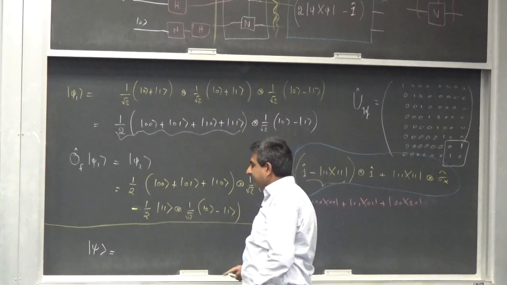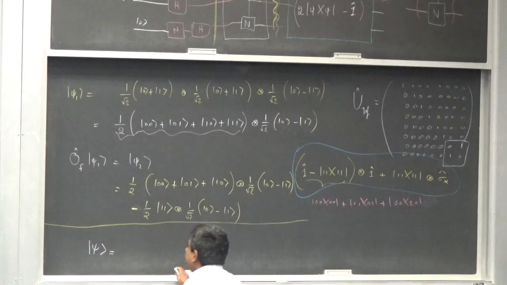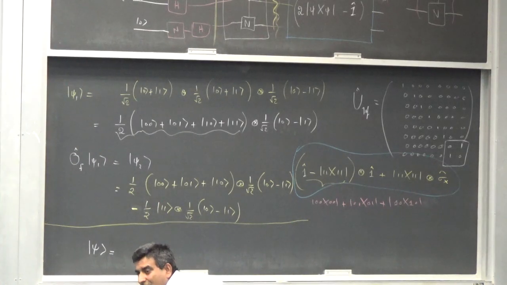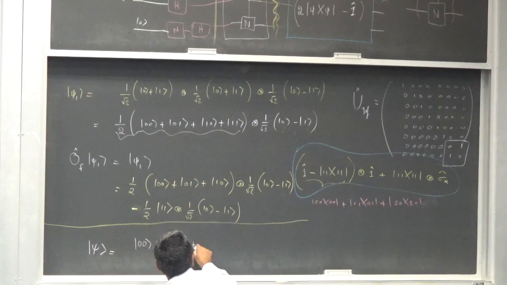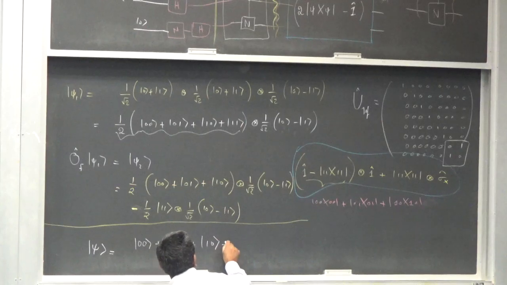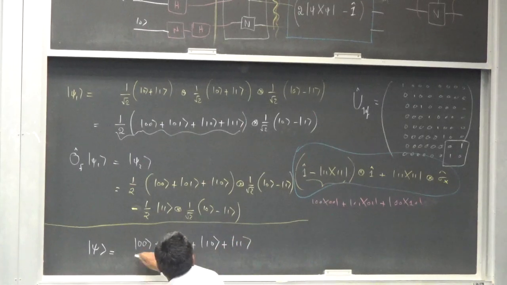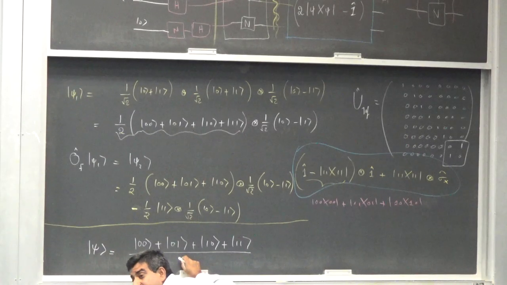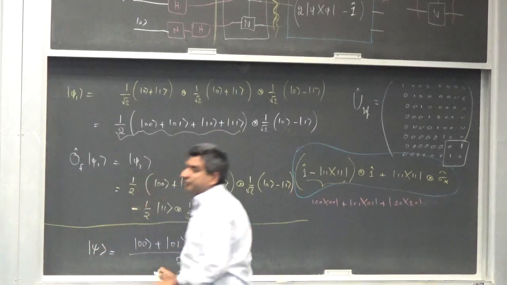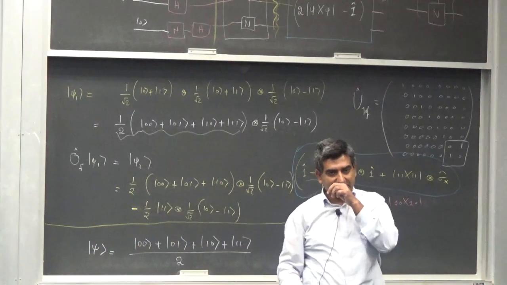My psi is defined as an equal superposition of all the 4 basis states, 0 0 plus 0 1 plus 1 0 plus 1 1, over, what should be the normalization factor here? Under root 2, just 2 here. So this is an equal superposition of all the 4 basis states.